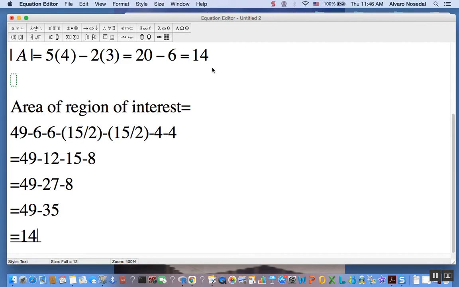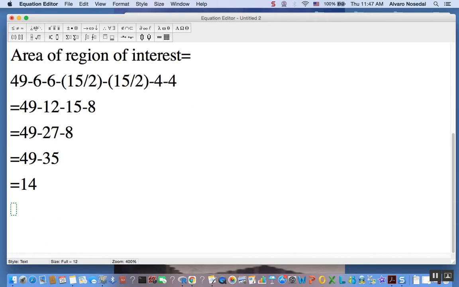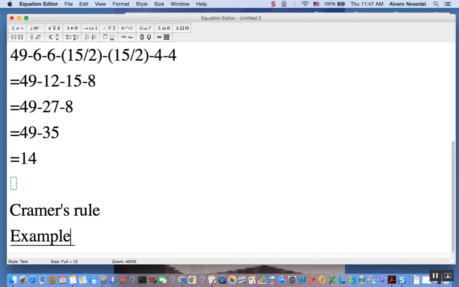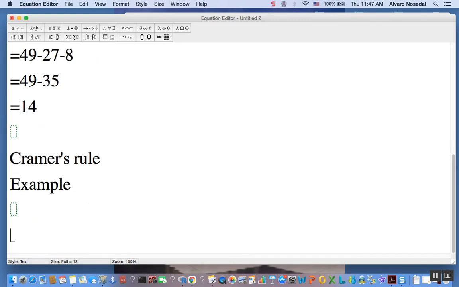As usual, we will use an example to illustrate how that works. Let me find the example that I want to discuss with you. So, Cramer's rule example. A simple system of two linear equations that looks like this.